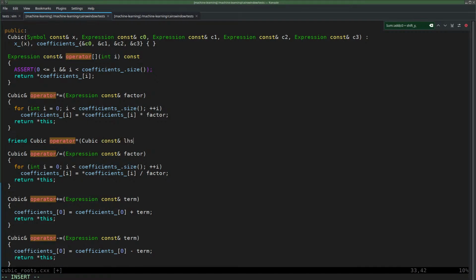It's the left hand side, and then some expression. You need both, really. It seems more logical to put a vector up front. Left hand side. Cubic const reference right hand side.